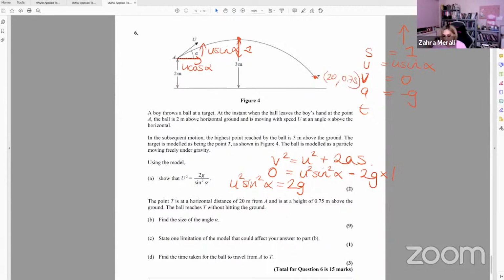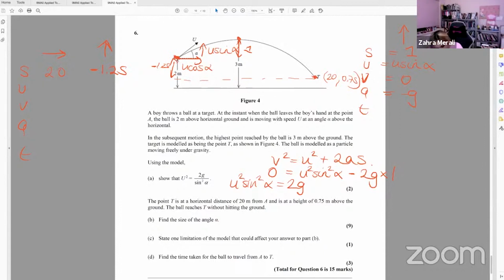So let's think about SUVAT at that point T. From where we started, that point T horizontally is 20, but vertically you go from 2 to 0, so that's going to give you minus 1.25, because you're starting here and you're ending here. That space here is minus 1.25.